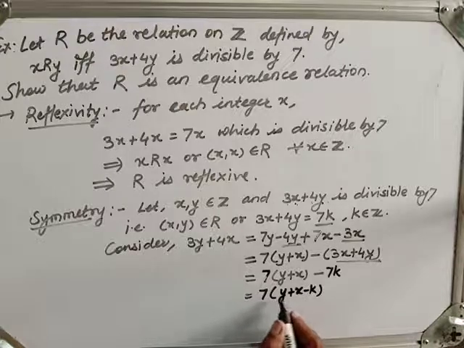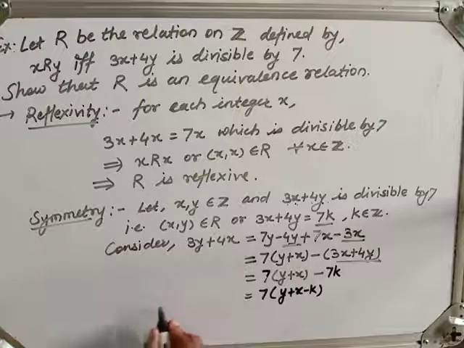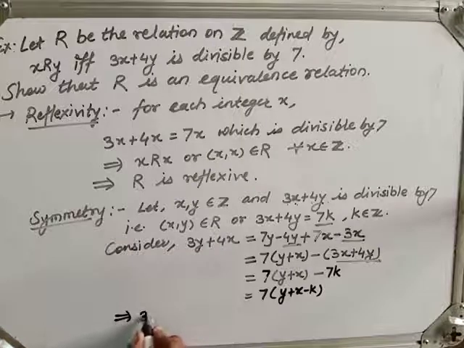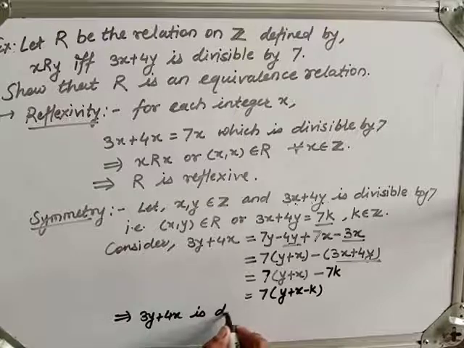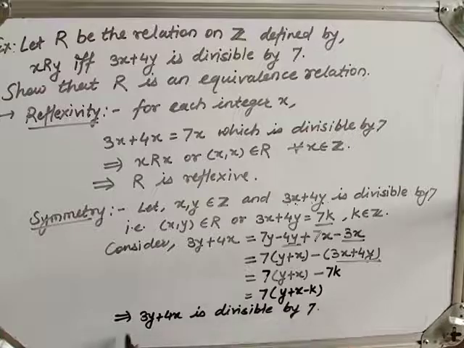As x and y are integers, k is also an integer, so the addition is also an integer. So from this I can say 3y plus 4x is divisible by 7, and that is our aim here. So that says the pair (y,x) also belongs to R.